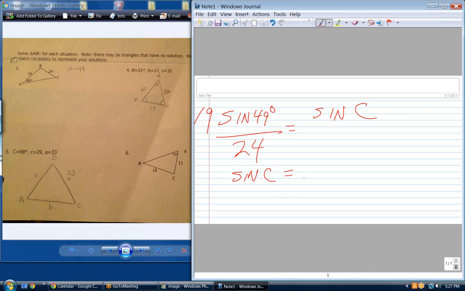Negative 0.7. It shouldn't be negative, because the sine of 49 degrees is a positive number. Make sure your calculator's in degrees. I don't think it is. Okay, put it in degrees and let's try that again.